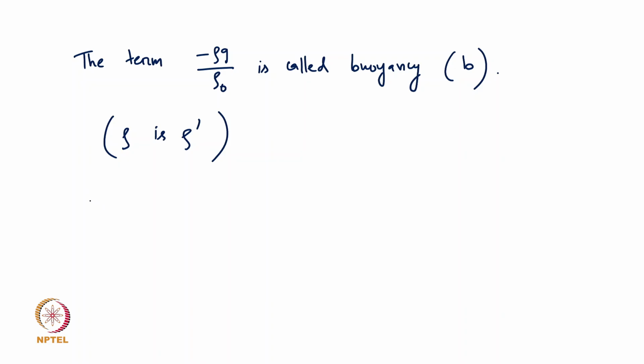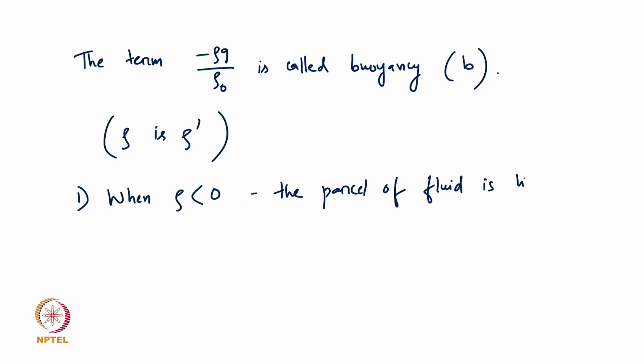So from this, we can say that when rho is less than 0, so it's a fluctuation, so it can be less than 0, the parcel of fluid, which is liquid or gas, is lighter than the ambient.